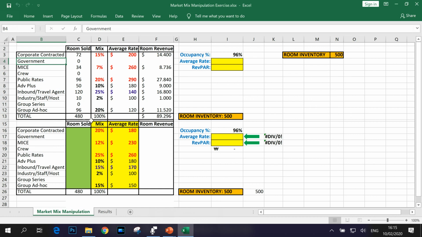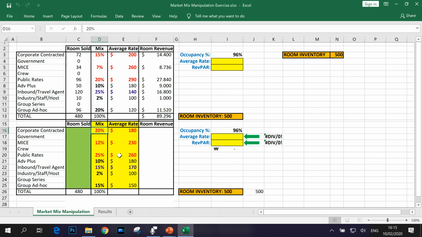So we can see a total of 480 room nights sold, and average rate and room revenue. So total room revenue generated on this occasion is 89,296 US dollar.